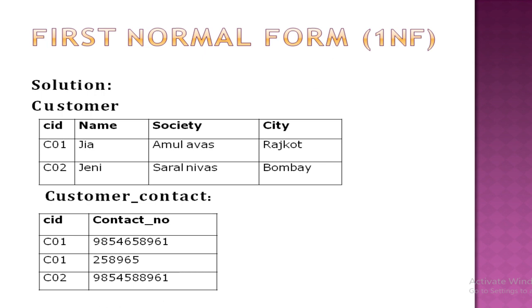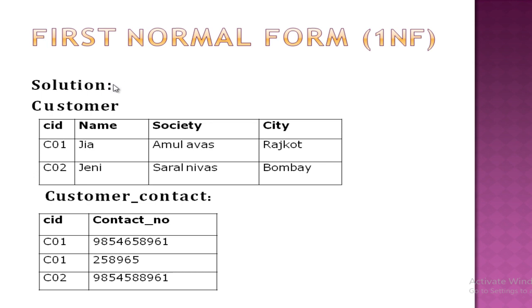So I hope you understand this topic, and this is the most important question, asked in each and every question paper. So prepare well, and you have to write down this solution.